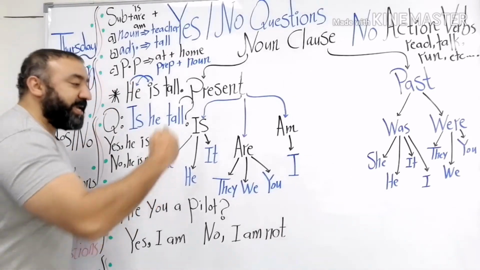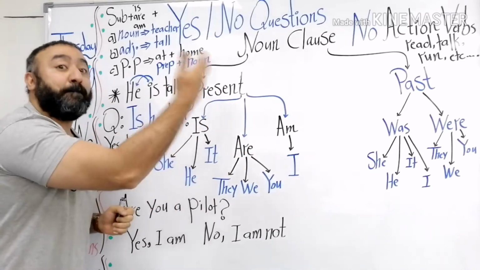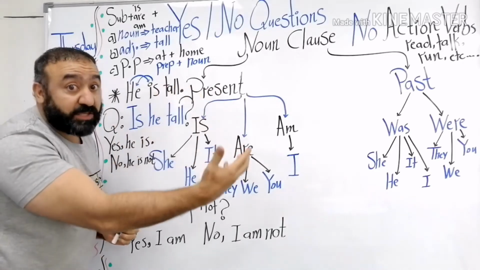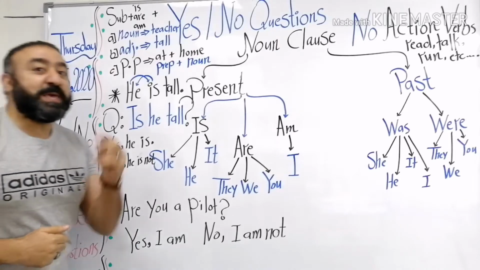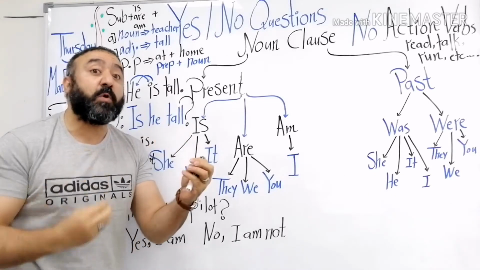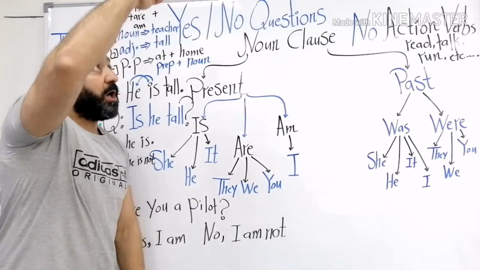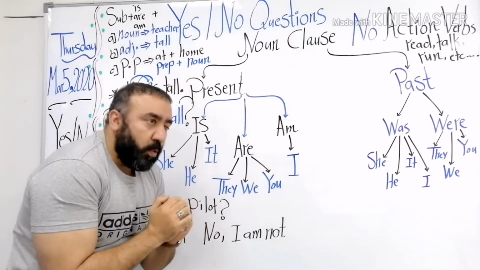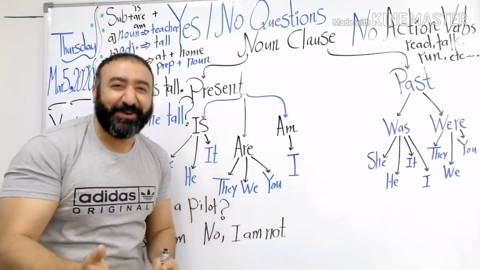Example: he is a teacher. Teacher is a noun. He is a pilot. Pilot is a noun. She is a doctor. Doctor is a noun. The second part is that we can use an adjective. The adjective is the word that describes nouns or pronouns in general, such as tall, short, strong, weak, smart, crazy, and so on, okay?